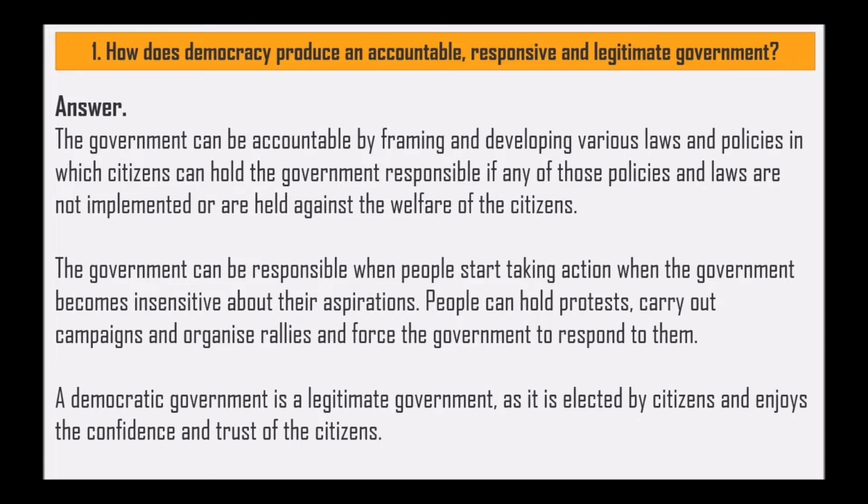People can hold protests, carry out campaigns and organize rallies and force the government to respond to them. The democratic government is a legitimate government as it is elected by citizens and enjoys the confidence and trust of the citizens.